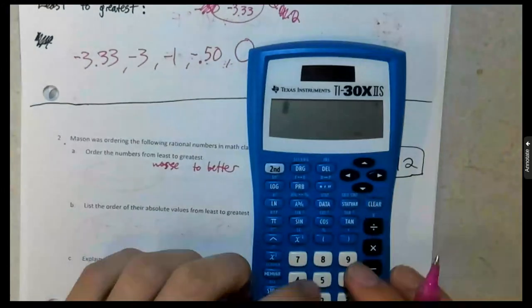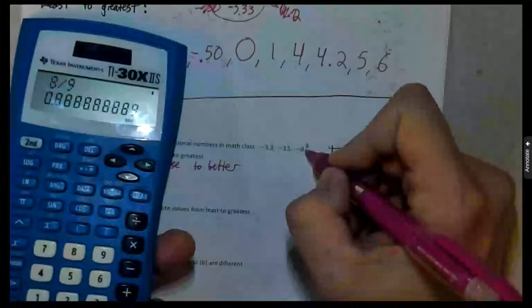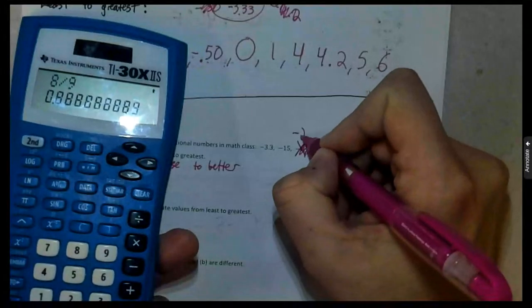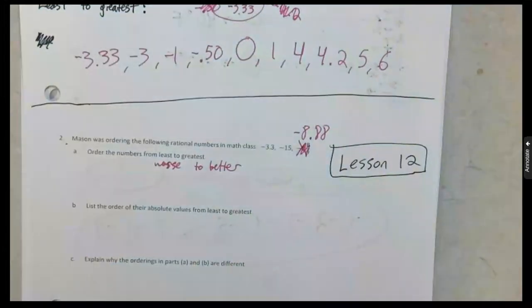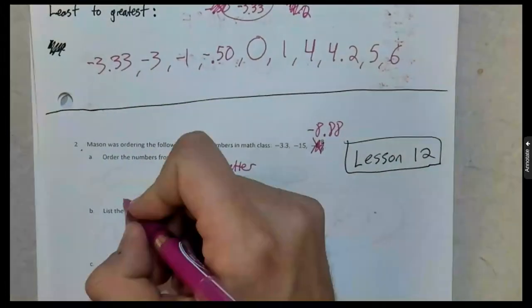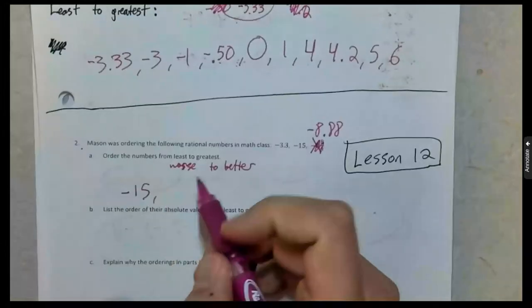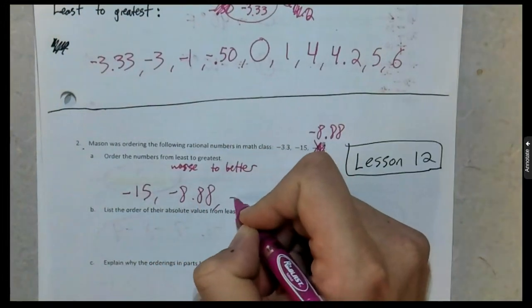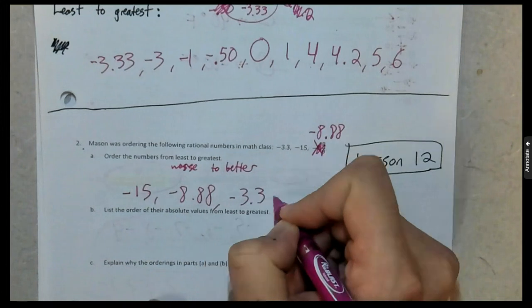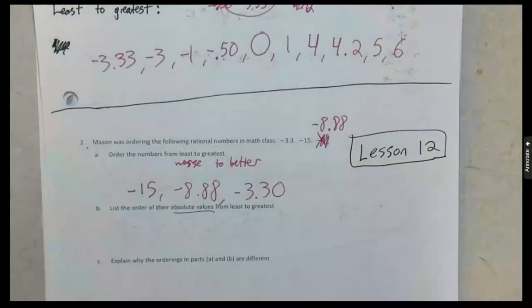Let's just round 8.89 to $8.88. The worst would be owing someone 15 in this case, so that is the least. Then would be $8.88, followed by $3.30.